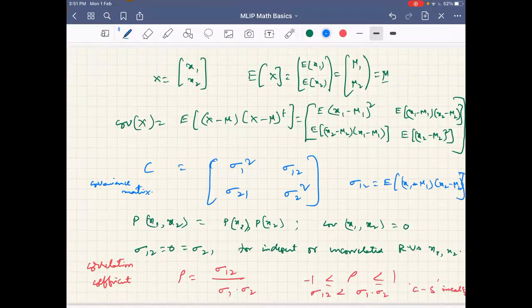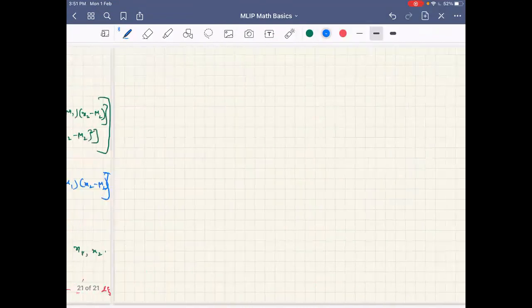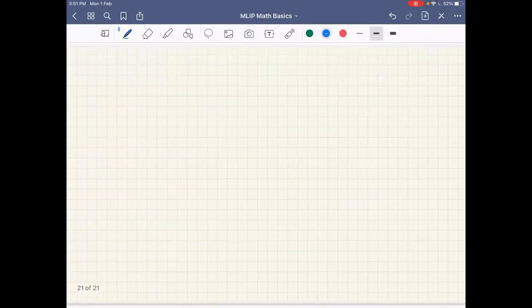Okay, now let us continue our discussion with a specific example of the probability density function, that is Gaussian density function or Gaussian distribution function. Let us consider a continuous random variable for ease of writing and understanding.